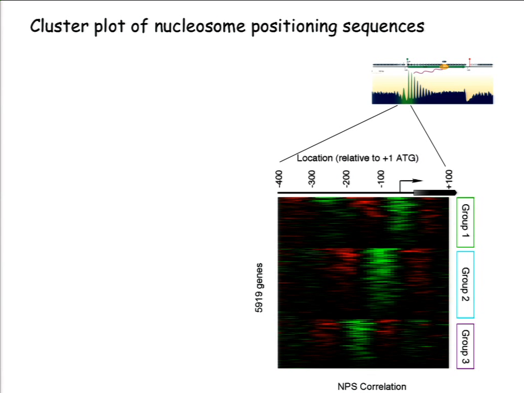There are about 6,000 of these genes, and we see strong correlations in red to nucleosome positioning sequences and anti-correlations in green. This relates to what John talked about in terms of encoding preferences for nucleosome organization around the 5' ends of genes.